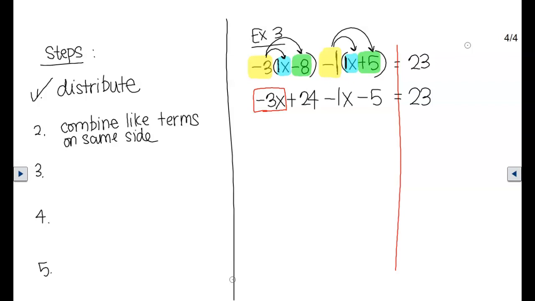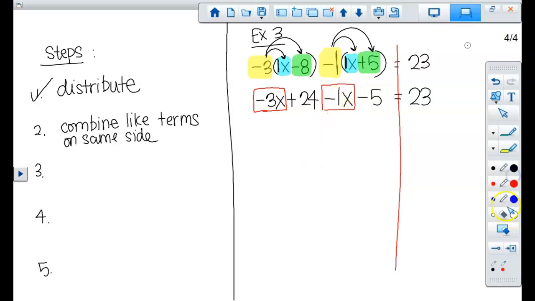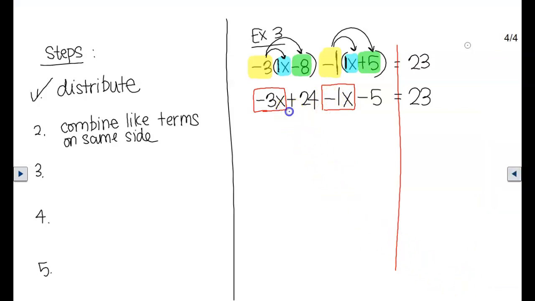The variable part is x, which this term also has. So a red box is also going to go around -1x. Notice how I always catch that sign in front of him. That goes with him. And then I also have a positive 24, which would be a like term with -5. Those are alike because neither one has a variable.